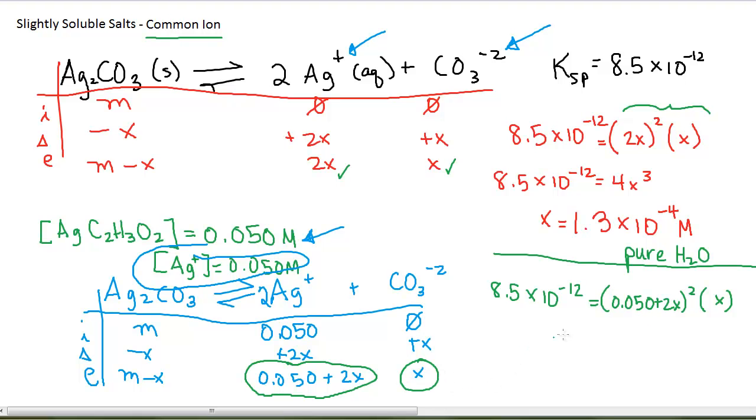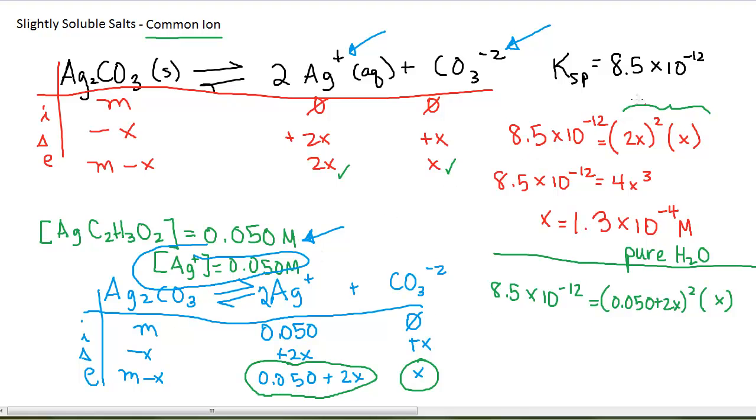Here's my silver plus 1 ion concentration at equilibrium times the carbonate ion concentration. At equilibrium it's X. And now I have a quadratic equation, which is going to, actually it's a cubic equation, isn't it? Once I square this, then I'm going to have to multiply by another x. The algebra here is a little messy. Typically in this case, we can assume an approximation.